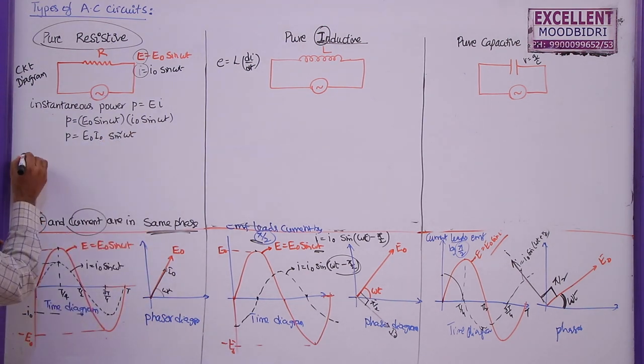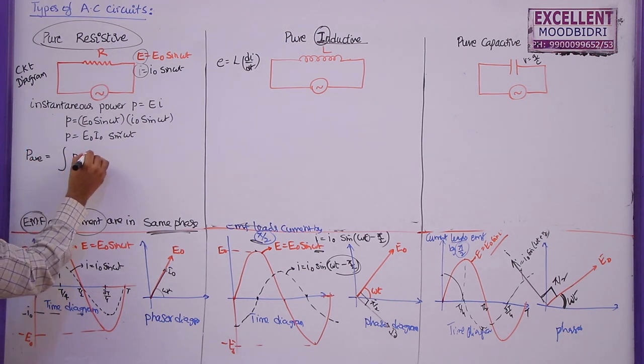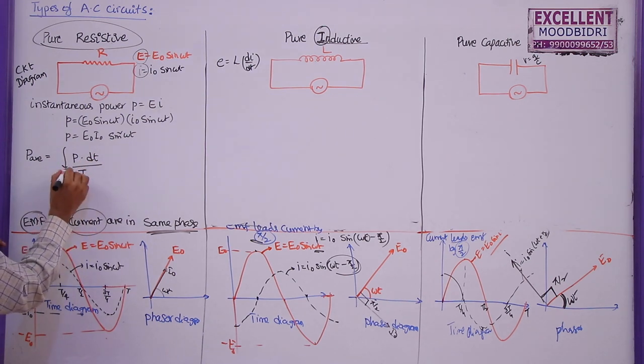Now what is the average power for one cycle? Average power is going to be the integral of P dt by T. This is the total power consumed for a full cycle.